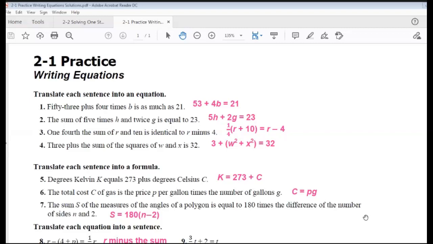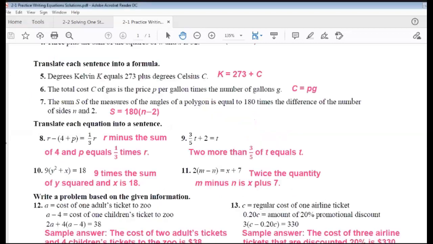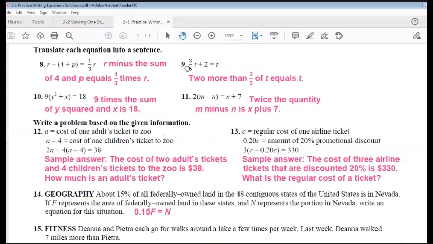All right, and then the second part of what we worked on was taking the equation form and writing it in words. One of the big things I want you to take note of is a lot of times we write our numbers out in word form. Now, for the sake of space, they use the numbers here.